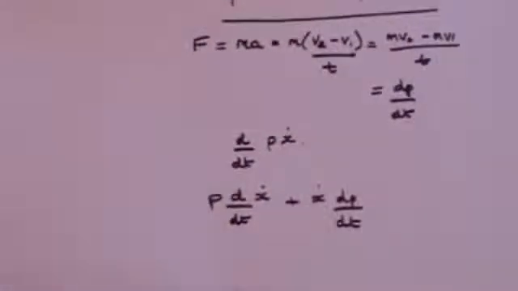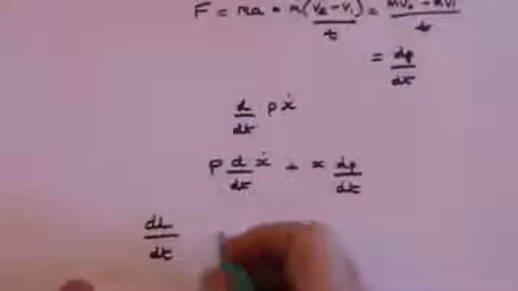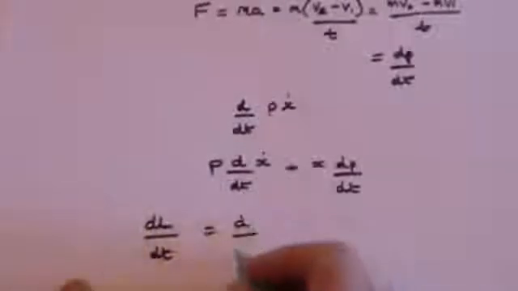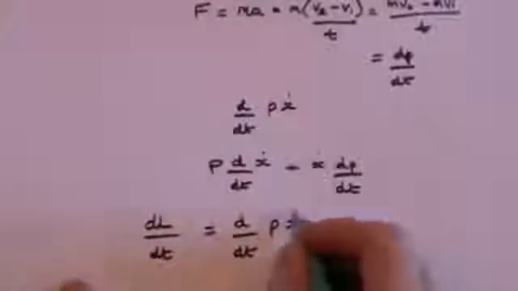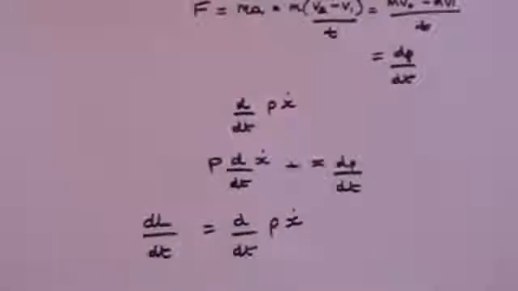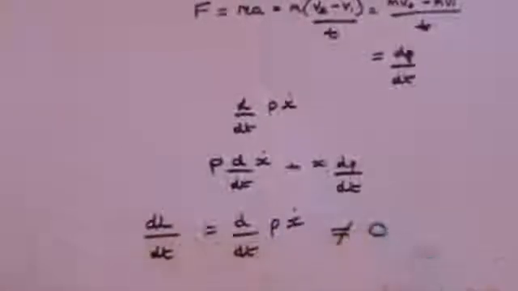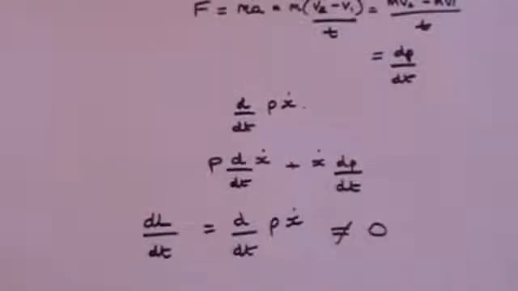So now we've got that the time differential of the Lagrangian is equal to the time differential of p x dot, which of course is not 0. So the Lagrangian is not an invariant quantity. It is not conserved, because if it were, the variation of the Lagrangian with time would equal 0. But we can, of course, take everything to one side.